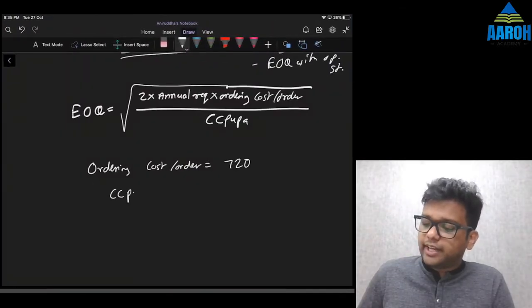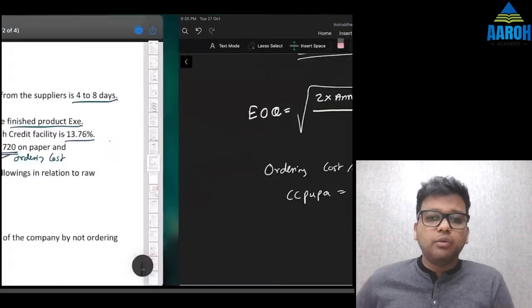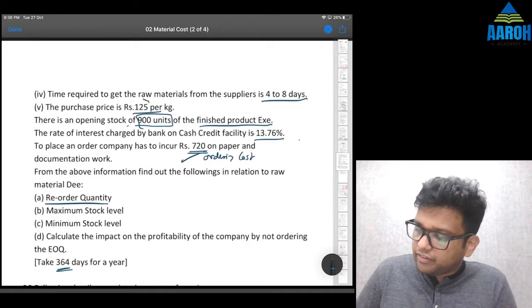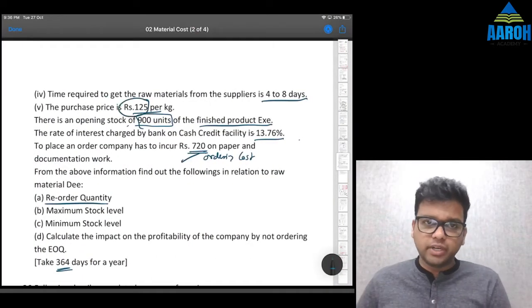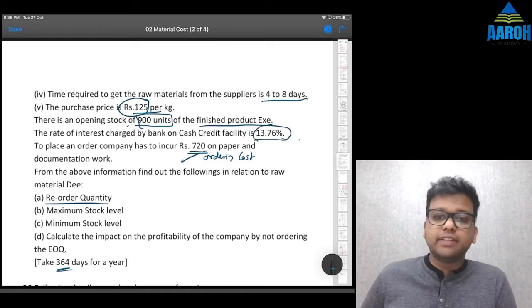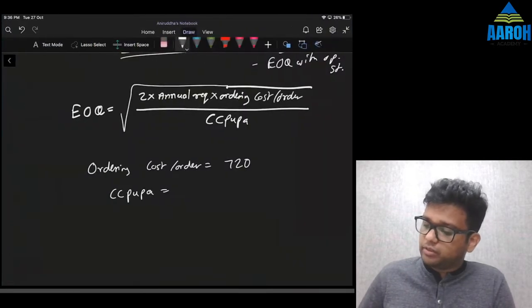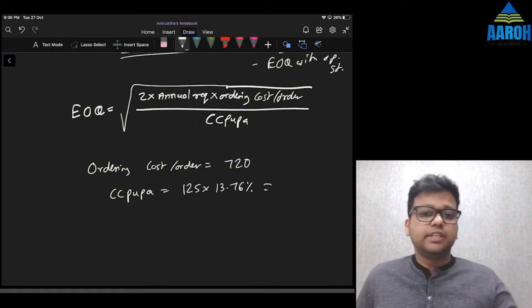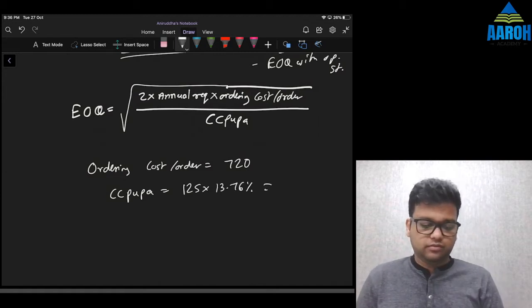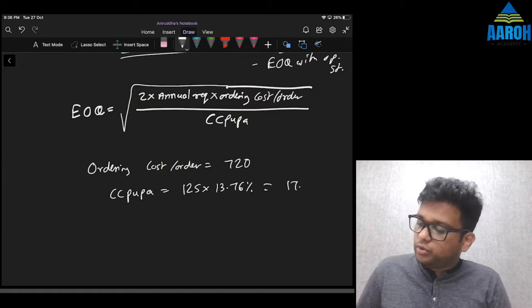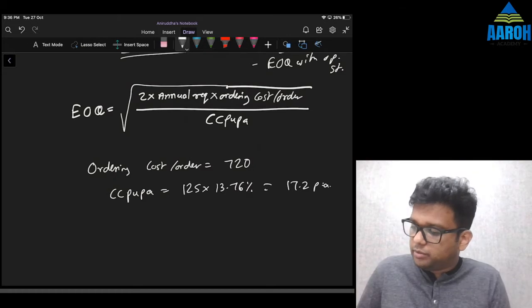Then we can calculate carrying cost per unit per annum. Their purchase price is 125, so 125 rupees will be blocked per kg at 13.76%. So carrying cost will be 125 into 13.76%, which is 17.2 rupees per unit per annum.